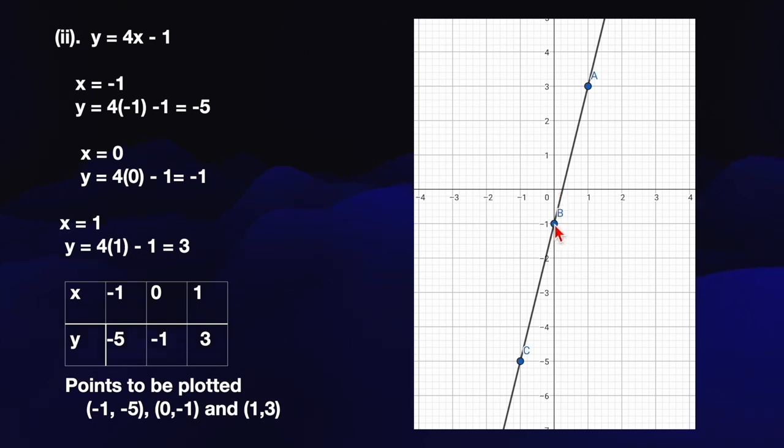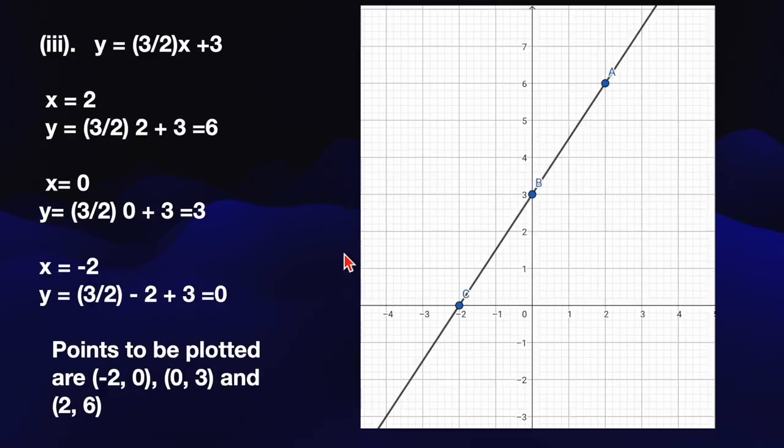So this is the point. Then 1 and 3: the x coordinate is 1, draw a line like this, the y coordinate is 3. So here is the point. We have plotted the 3 points. Join them and you get this line as the graph of y is equal to 4x minus 1.